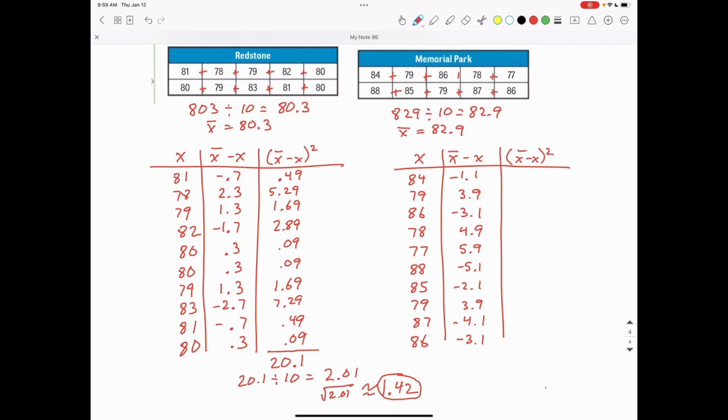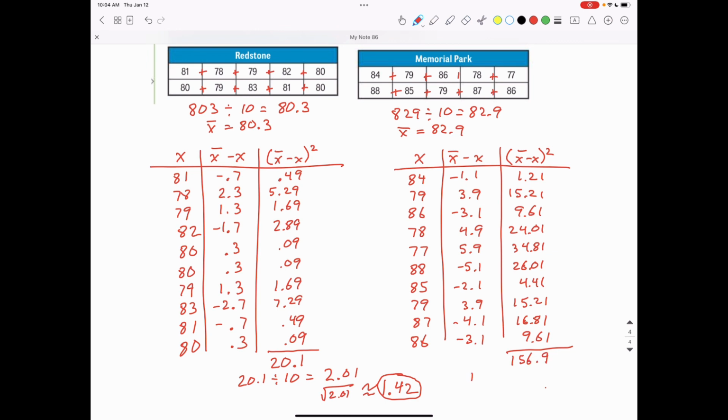So negative 1.1 squared is positive 1.21. When you take 3.9 squared, you're going to get 15.21. So we're going to square all of those numbers. And there's the rest of that column. Finally, we're going to add all of that column together. When you add that entire column together, you are going to get 156.9.